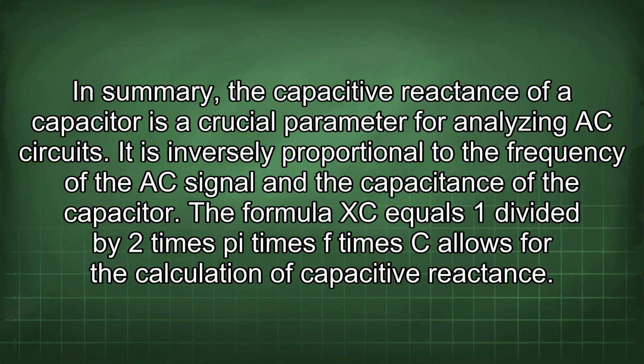In summary, the capacitive reactance of a capacitor is a crucial parameter for analyzing AC circuits. It is inversely proportional to the frequency of the AC signal and the capacitance of the capacitor. The formula Xc equals 1 divided by 2 times pi times F times C allows for the calculation of capacitive reactance.